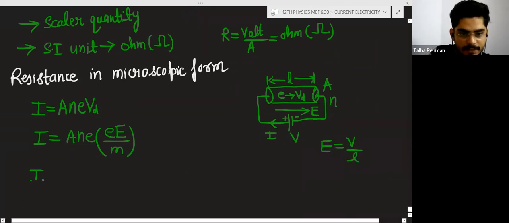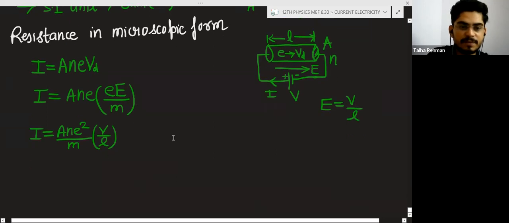So I can write I is equal to A n e squared, divided by m, and for electric field, I can write potential difference divided by length.